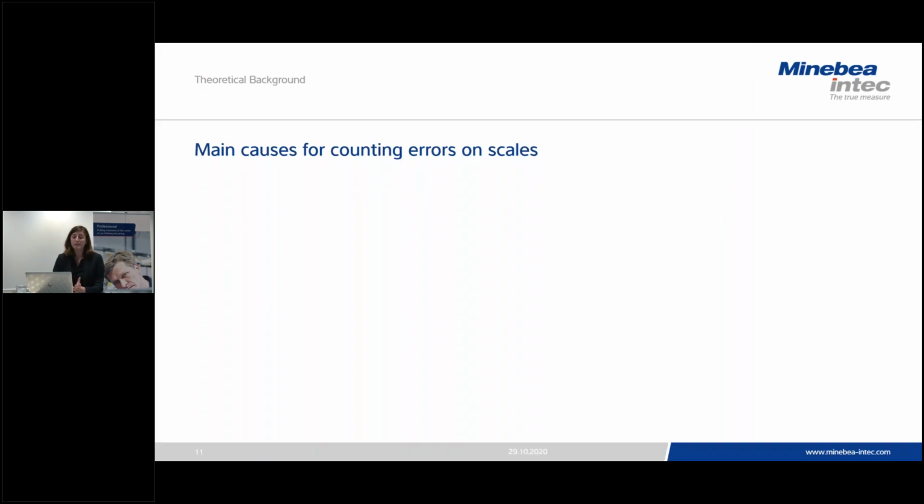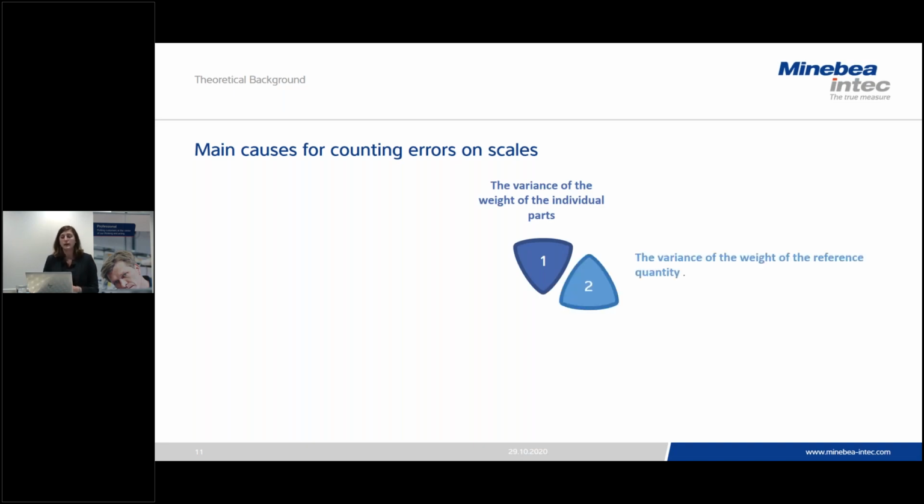In principle, there are 6 influencing factors that cause counting errors on scales, which I want to present to you. The first one is the variance of the weight of the individual part. The second one is the variance of the weight of the reference quantity.